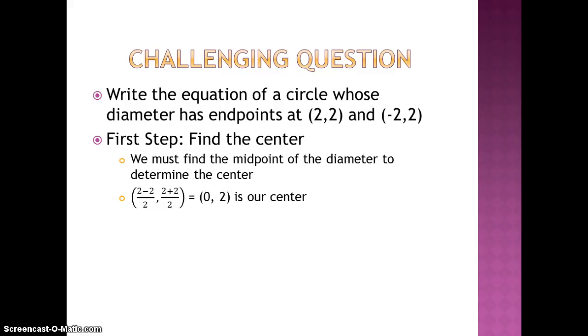Our midpoint formula is (x1 + x2)/2 and (y1 + y2)/2. So we have (2 - 2)/2 and (2 + 2)/2. And that gives us (0, 2), and that's our center.